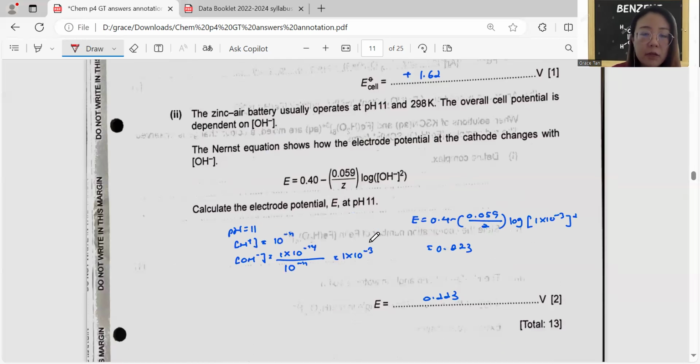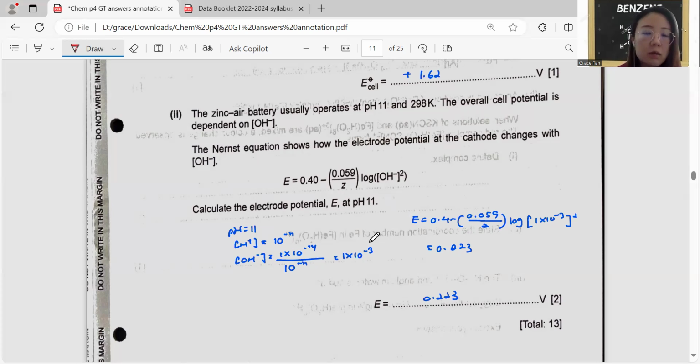The zinc air battery usually operates at pH 11 at 298. The overall cell potential is dependent on the hydroxide concentration. The Nernst equation shows how the electrode potential at the cathode changes with hydroxide, because hydroxide will be used. When the hydroxide concentration decreases over time, your electrode potential will also change over time. That is correct.